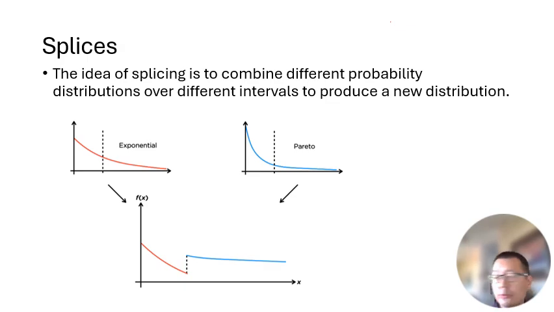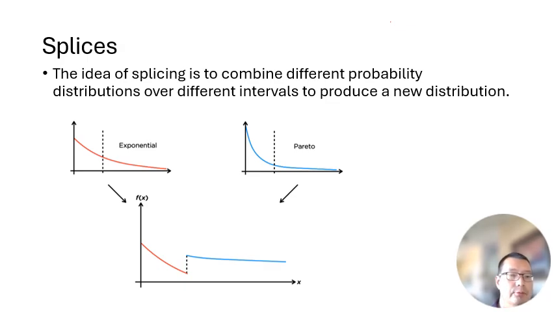The reason to have a splice is that sometimes the random variable cannot be expressed as one single distribution.